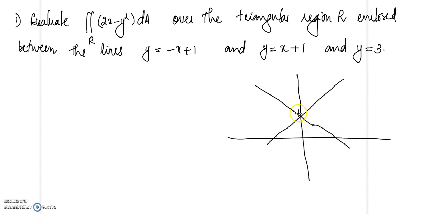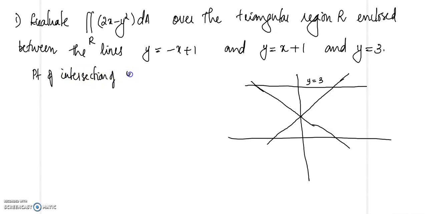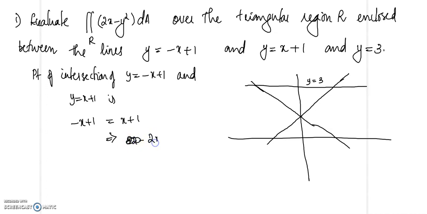So that will be this line. y equal to 3 here, and the point of intersection: y equal to minus x plus 1 and y equal to x plus 1 is minus x plus 1 equal to x plus 1. So that will give 2x equal to 0.